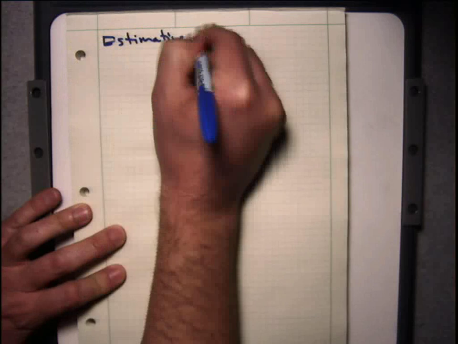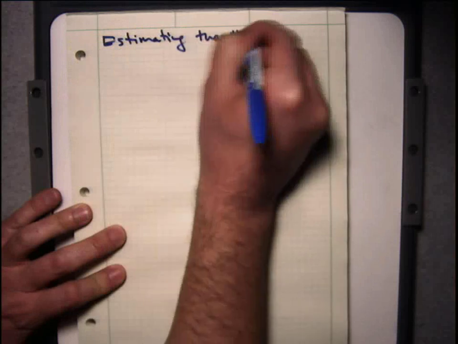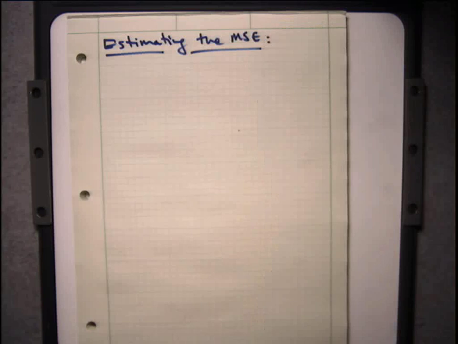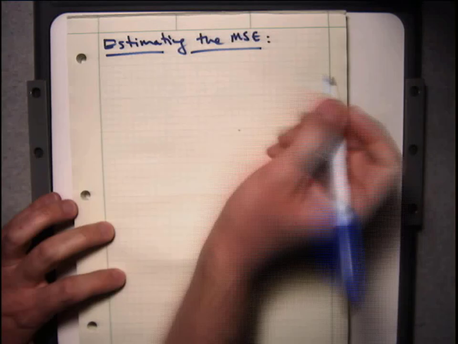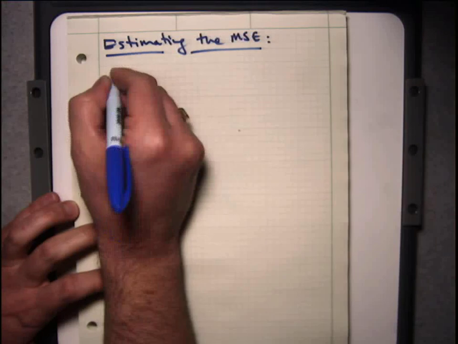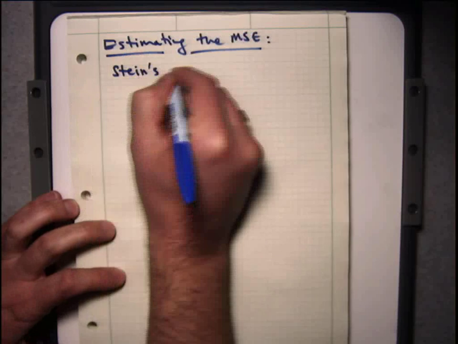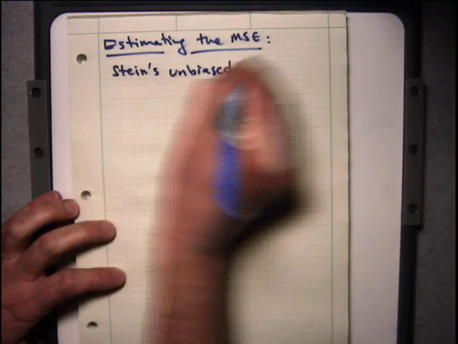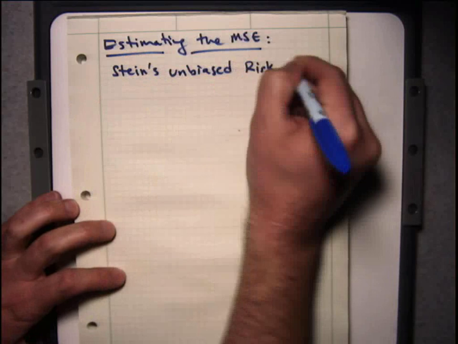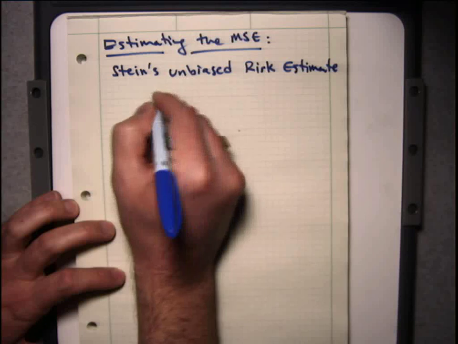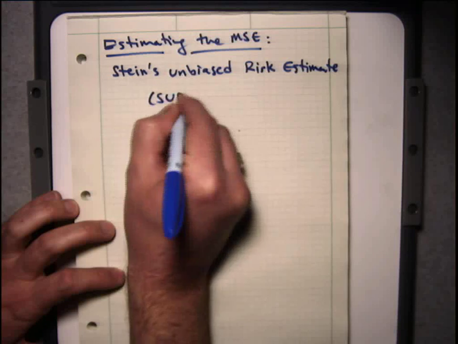So the topic is estimating the mean squared error. And by the way, this is not in the book. This is only in the lecture notes. The theory behind this is called Stein's Unbiased Risk Estimate, otherwise known as SURE.